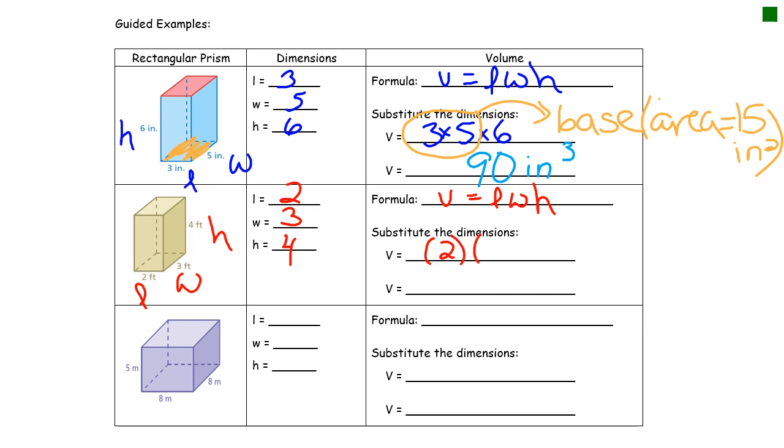2 times 3, again, that's my base right there. The 2 times the 3 right here, which would be 6. So I'd have an area of 6 feet squared for the base. But then I also multiply it by the height, which is 4.